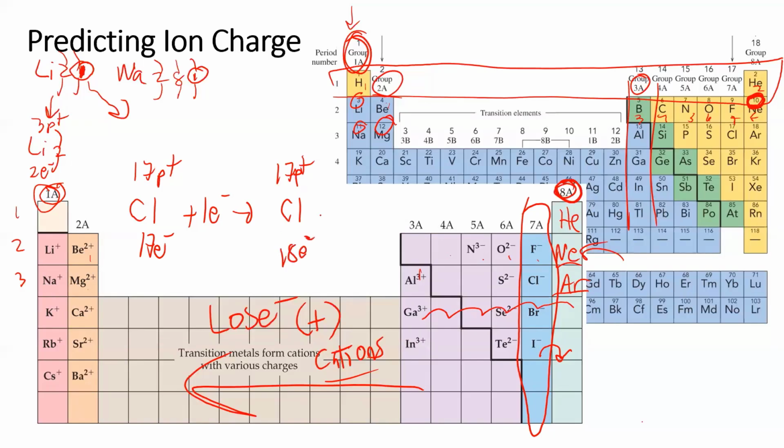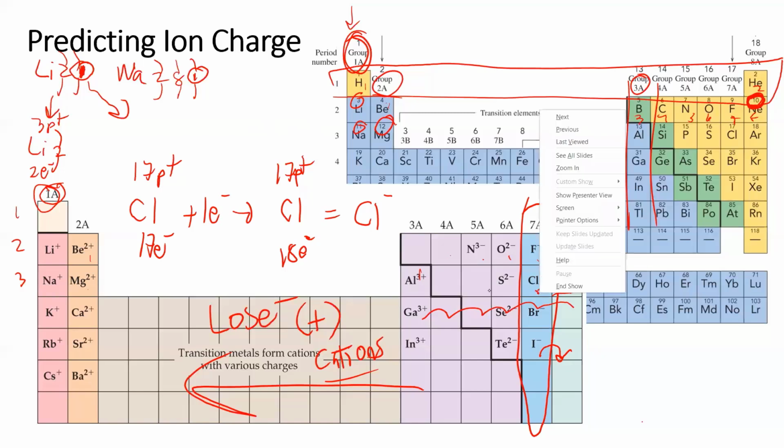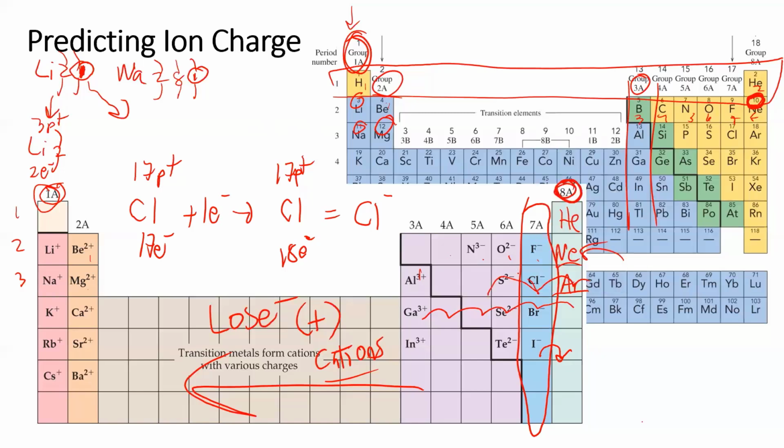Well, 17 minus 18 gives me an ion with a -1 charge. So it's much easier for chlorine to gain 1 electron than to lose 1, 2, 3, 4, 5, 6, 7, group 7A, 7 valence electrons. It would have to lose 7 valence electrons to be like neon, or it could just take 1 and be like argon.